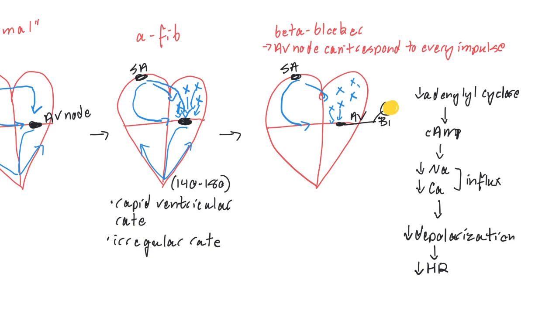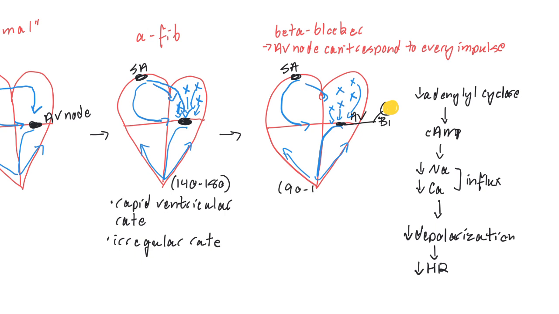So the AV node is going to keep getting hit, but it can't fire every time it's hit because we've slowed down the sodium influx and the calcium influx, which is what makes it fire. So it's still going to fire an impulse down to the ventricles, but not every single impulse that it's hit with. So we're going to have a much more reasonable ventricular rate.